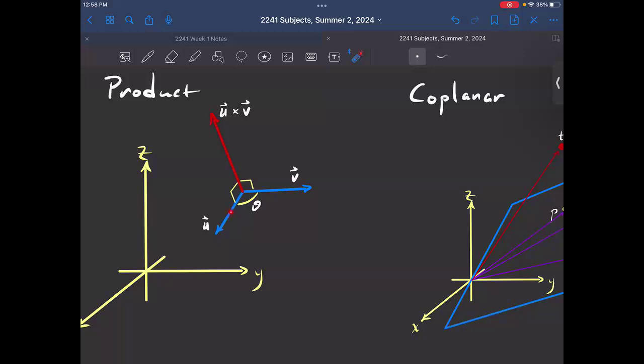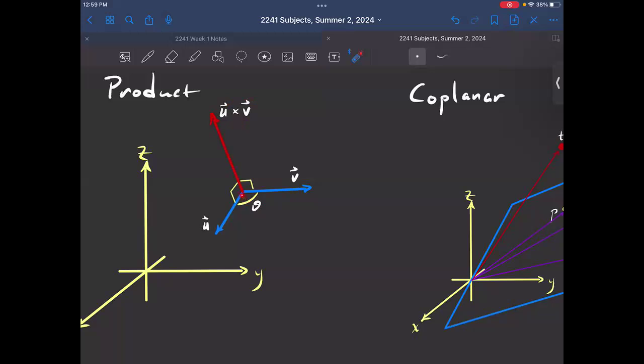You curl your fingers from the x-axis towards the y-axis, and then your thumb should point in the direction of u cross v. So again, I can't draw a picture quickly, but take your right hand and have your fingers all point in the direction of U, and then curl those fingers towards the direction of V, and whatever direction your thumb is then pointing is the conventional direction for the cross product.